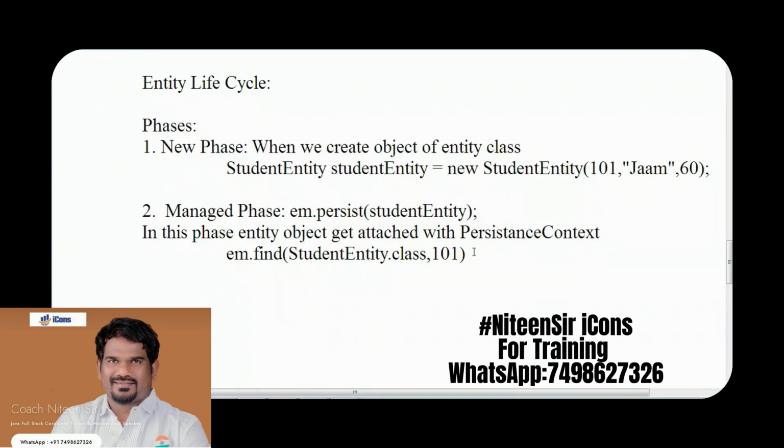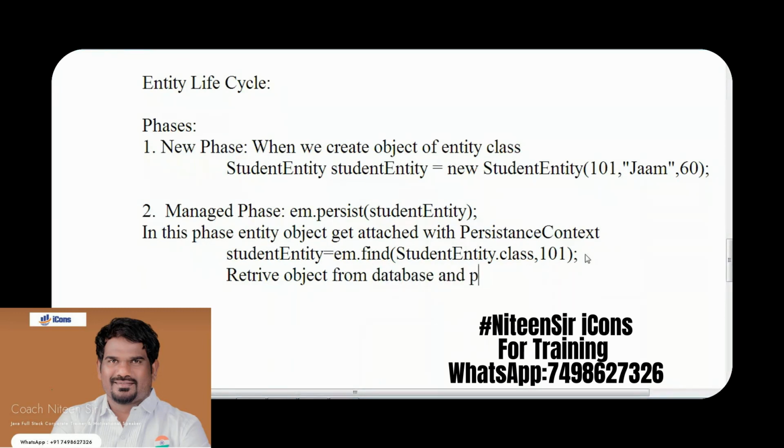That means we are trying to retrieve that student entity object through find. Not persist, but if I write em dot find, it will retrieve that object from the database and put it into the persistence context.